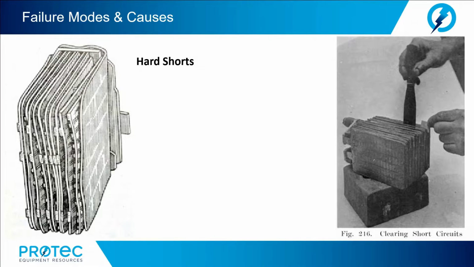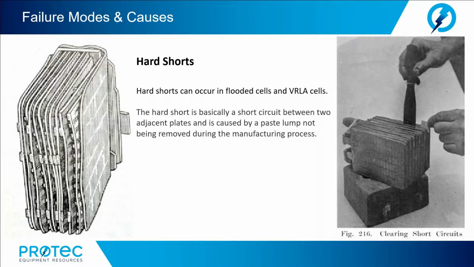All right, now let's take a look at hard shorts. Hard shorts can occur in flooded cells and valve-regulated lead-acid cells. The hard short is basically a short circuit between two adjacent plates, and it is caused by a paste lump not being removed during the manufacturing process.